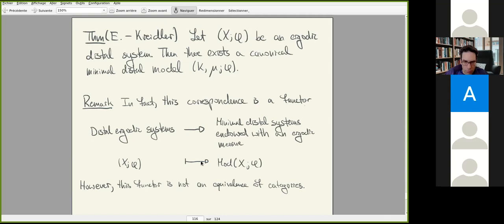So you have the category of distal ergodic systems and this category of minimal distal systems endowed with some ergodic measure, and then you have this topological model functor here. And so there's actually a categorical relationship between these two classes of dynamical systems, which pops out of better understanding isometric extensions and approximation properties of submodules. So whether you can find certain submodules and certain properties.